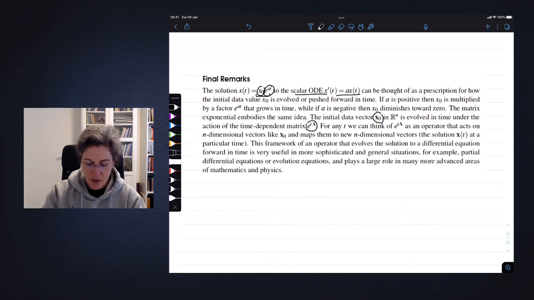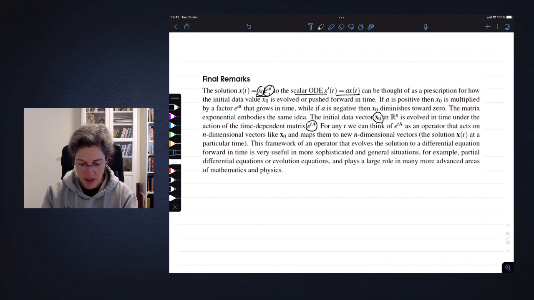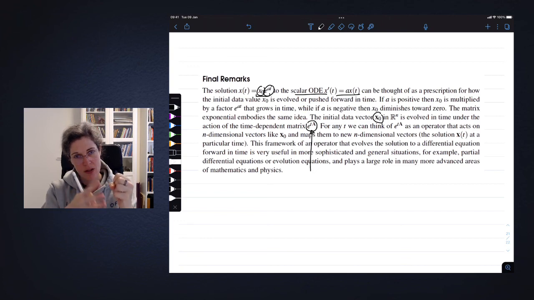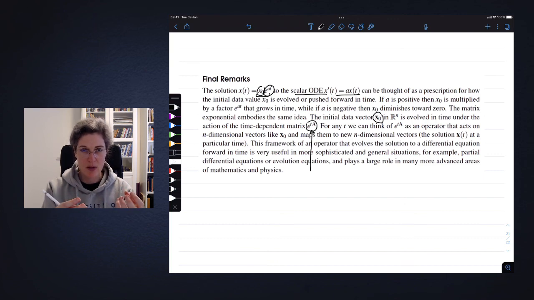And this idea of having some operator, so we're thinking of this time-dependent matrix as an operator. It's something that operates on an initial state. And this idea is so prevalent in physics, particularly, for example, if you're looking at quantum mechanics, you've got operators, in classical mechanics, you've got Hamiltonians, things like that.